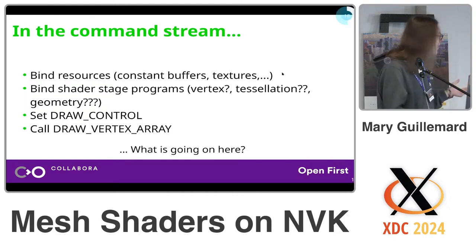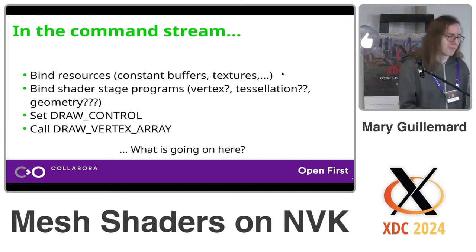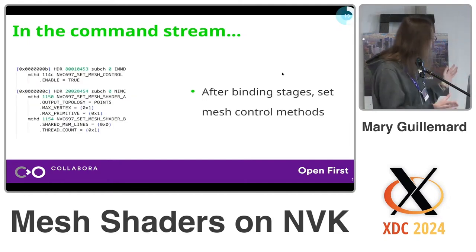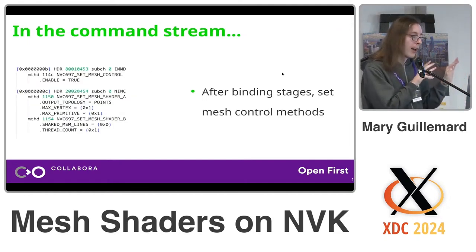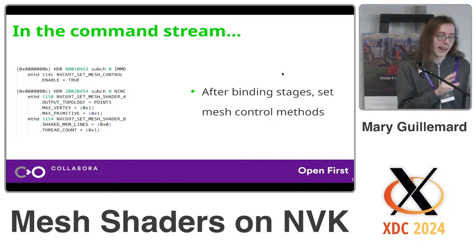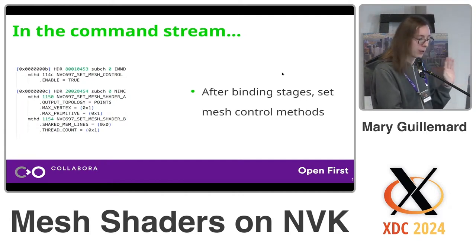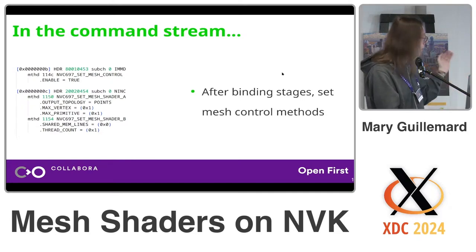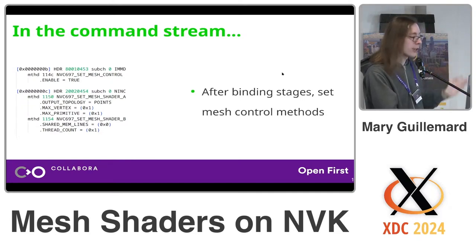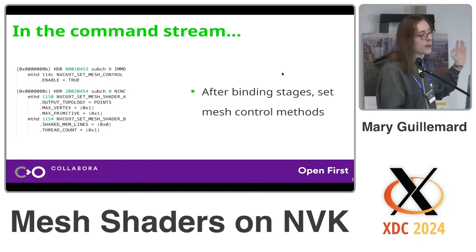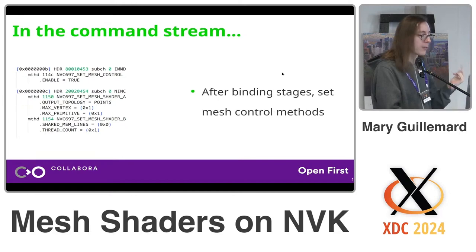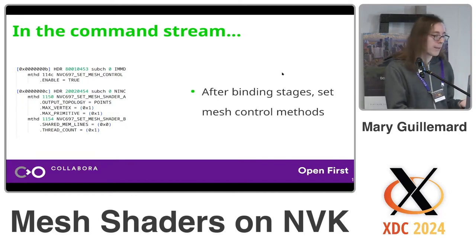Okay, so what's going on here? When you bind the actual shader stages, it's going to set the mesh control register to something, and then set some information about your actual mesh shader. Everything that you define in the mesh shader: the max vertices, the max primitives, and also the topology.